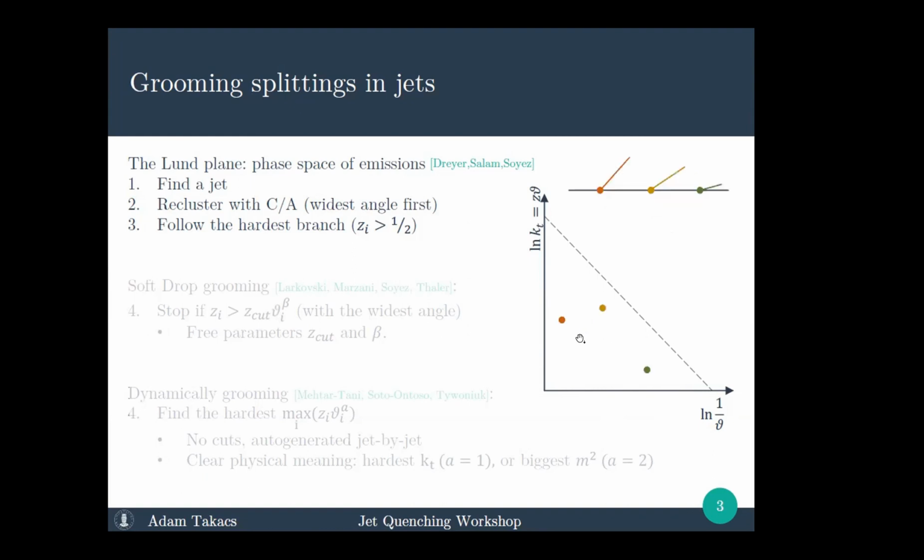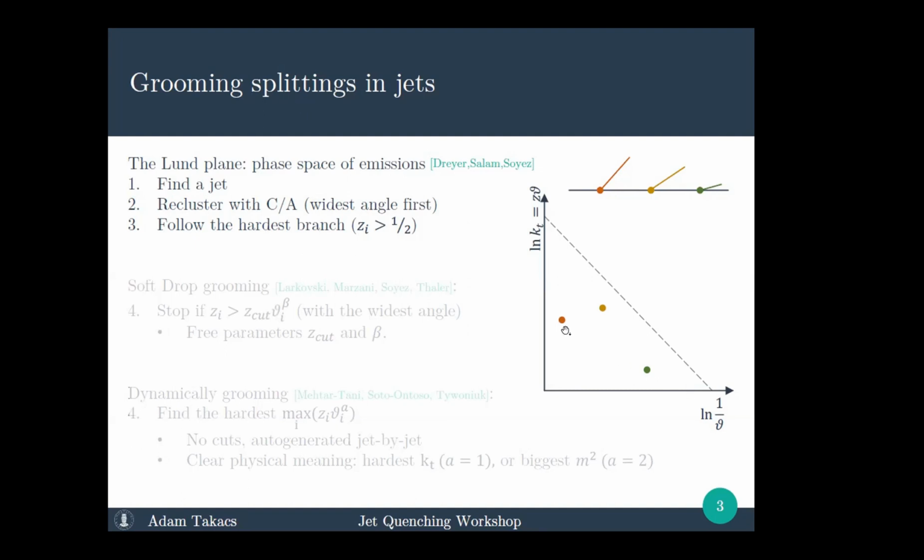The same phase space can be defined for jets, and the standard procedure is that you first find the jet, you recluster the jet with the Cambridge-Aachen algorithm, which reorganizes your branching tree in angular ordering, and then by following the hardest branch, you can plot each of the individual splittings on the Lund plane.